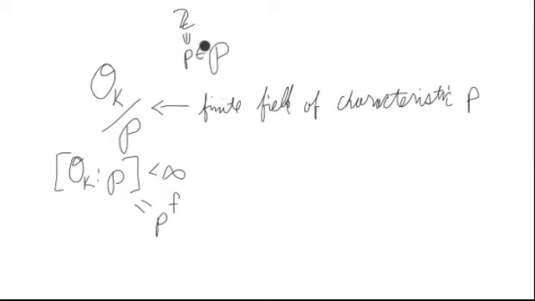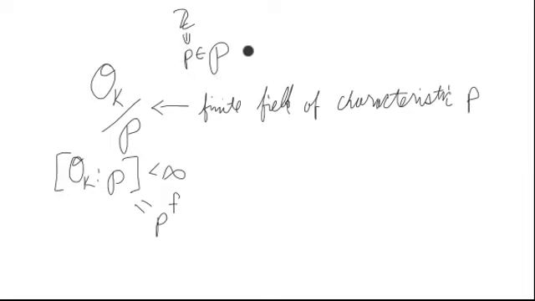So let's suppose this prime ideal lies over a prime ideal pZ, and we mod out by that p, and what we get is a field of characteristic p, and any finite field of characteristic p has size p to the f for some f, and we'll just say that f right here is the inertial degree of this prime lying over this prime.